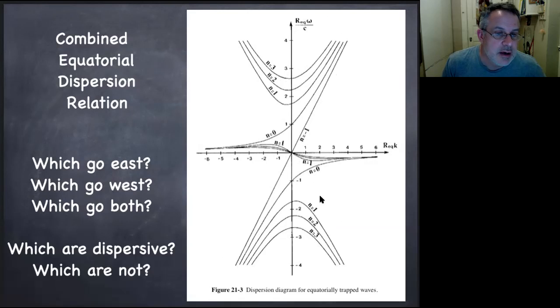So you've got eastward propagating Kelvin waves on both sides, and a westward propagating Rossby wave. And then in terms of group velocity, you have to look at the slope of all these lines, and whether the slope is positive or negative gives you eastward and westward propagation.